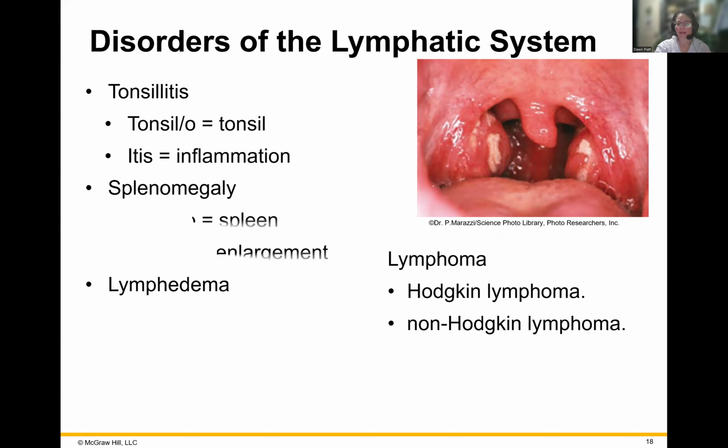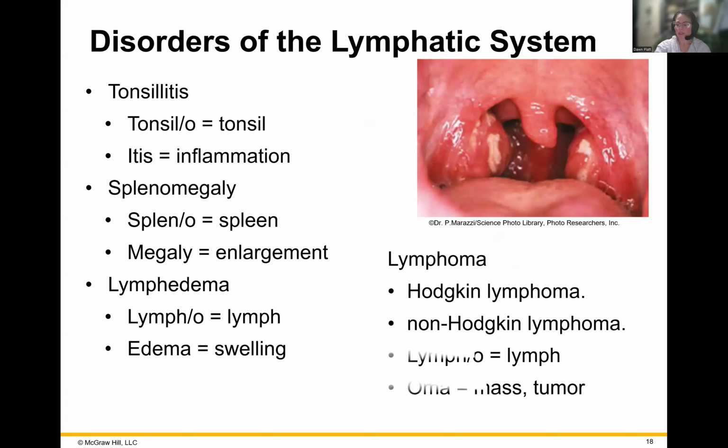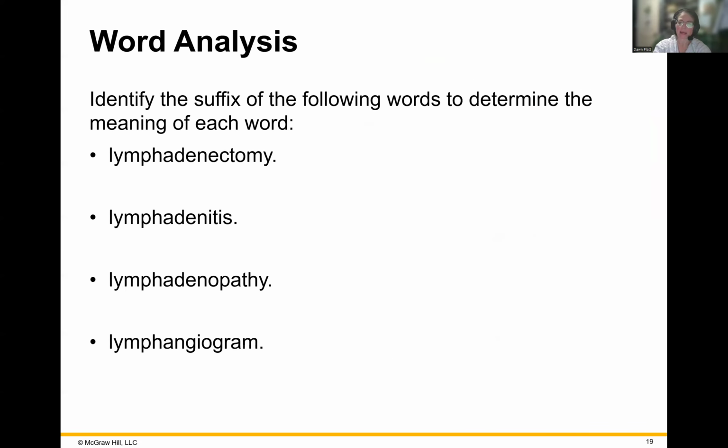And then splenomegaly, spleen, and then megaly means enlargement. Lymphedema, swelling of the lymph. And then we have lymphoma, which is a tumor or a mass. And there are 2 different types shown: Hodgkin lymphoma and non-Hodgkin.